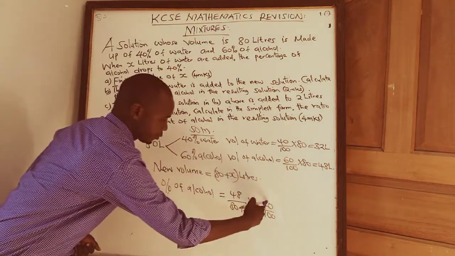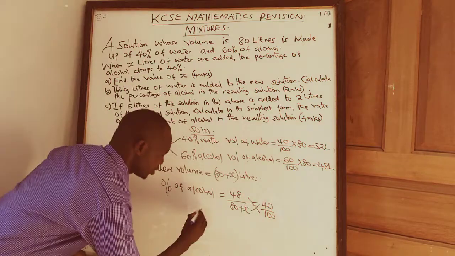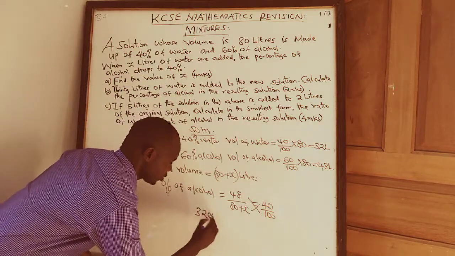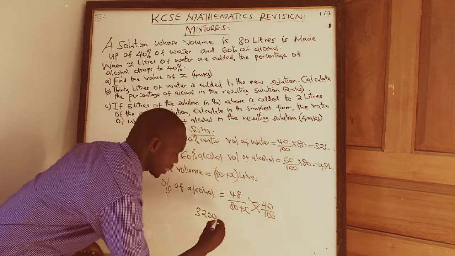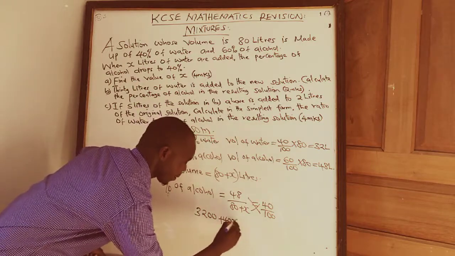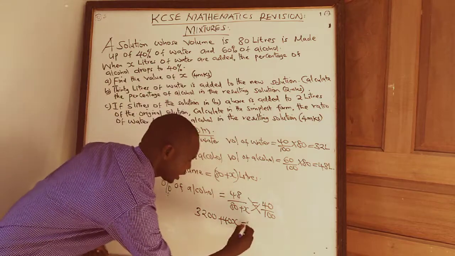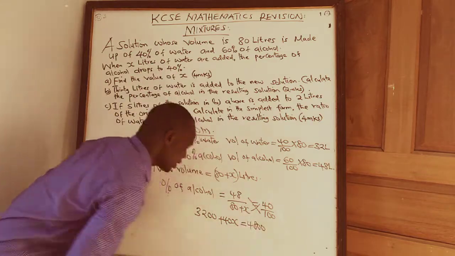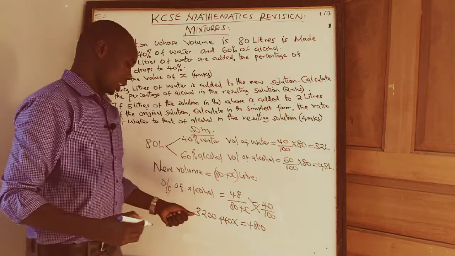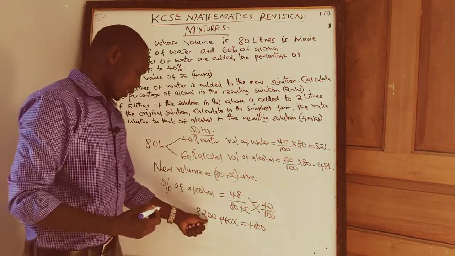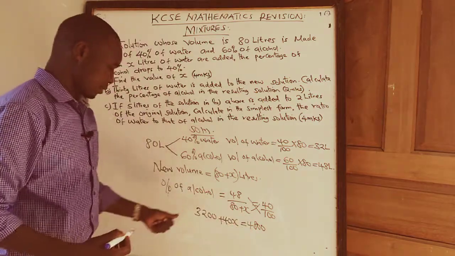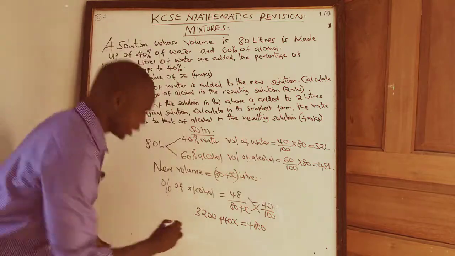If we begin from here, 40 times 80, you are going to get 3200. Then 40 times X, you get 40X. This one will give us 48 times 100, which is 4800. Then if we collect the like terms, 3200 and 4800 are like terms, and therefore 3200 goes to the other side.